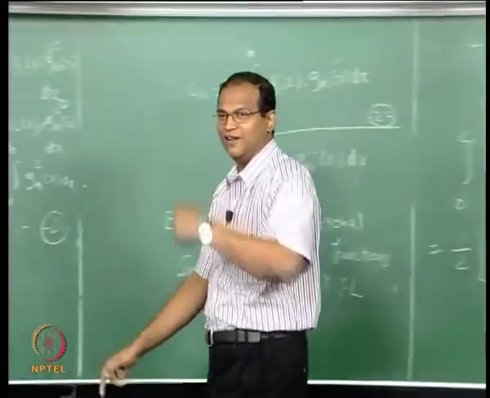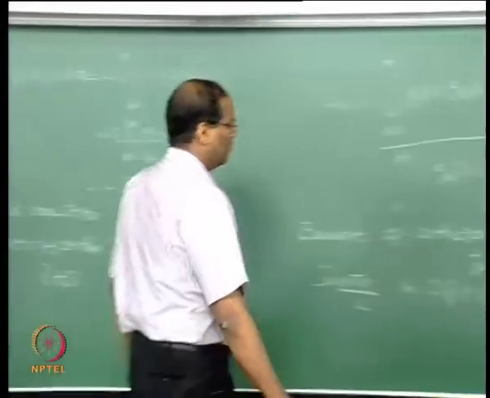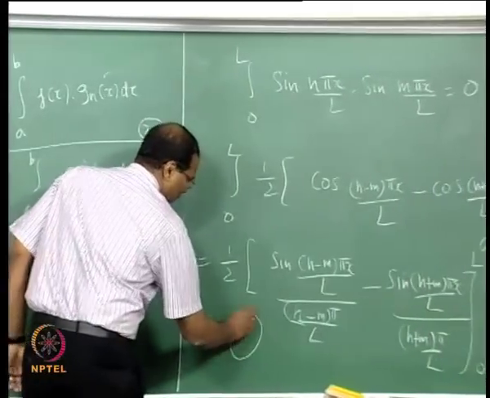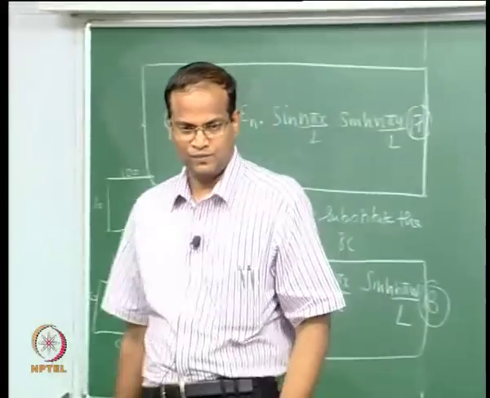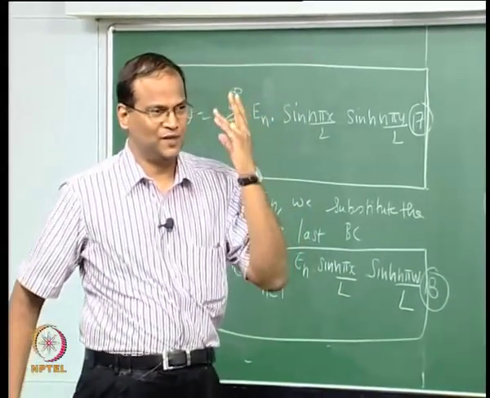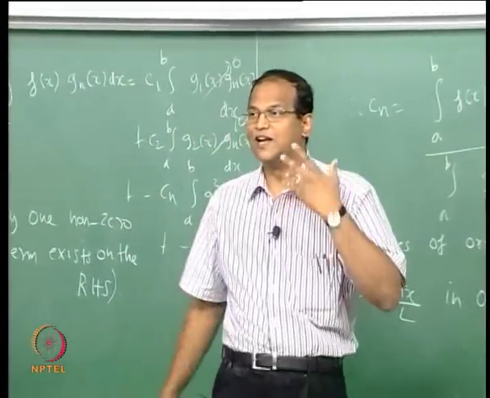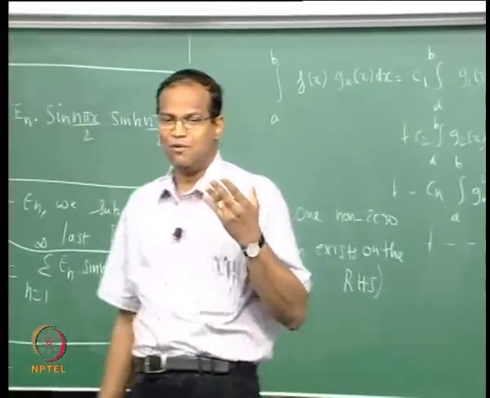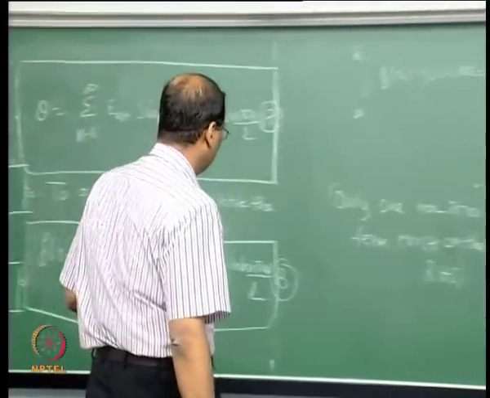Let us do the other one when m is equal to n, okay. So this is a big 0. So there are indeed functions represented by general g1 of x, g2 of x up to gm and gn of x, where the integral a to b of gm of x into gn of x equals 0 for m not equal to n.